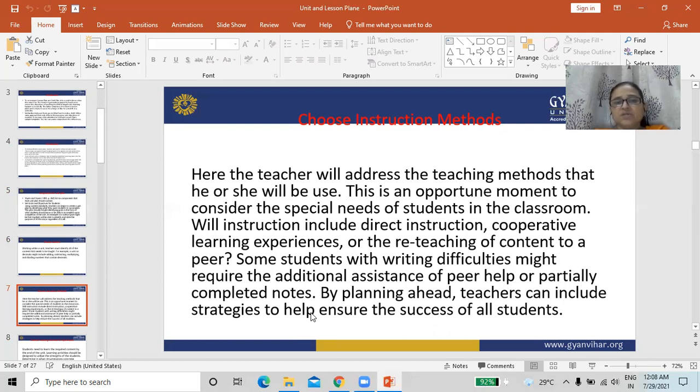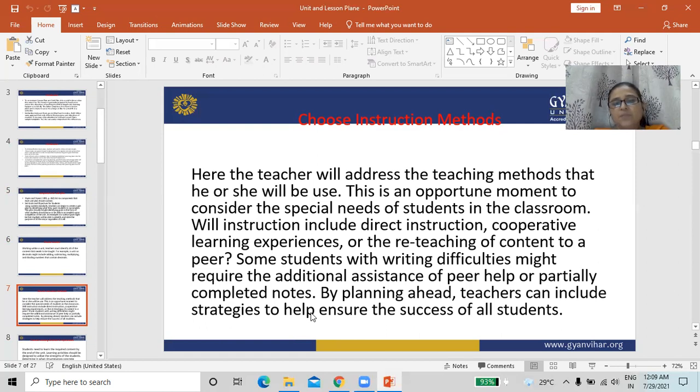While instruction include direct interaction, cooperative learning experience, or the reteaching of content to a peer. Some student with writing difficulty might require the additional assistance of peer help or partially completed notes.